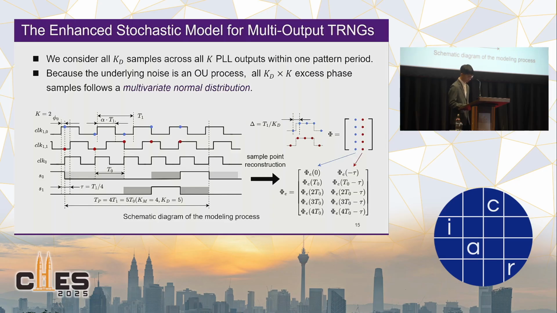And here's the key. The correlation between any two samples is no longer a mystery. It can now be given as a function of the time lag between them and the PLL's bandwidth. And based on it, you can give an estimation of the entropy for the PLL's output.